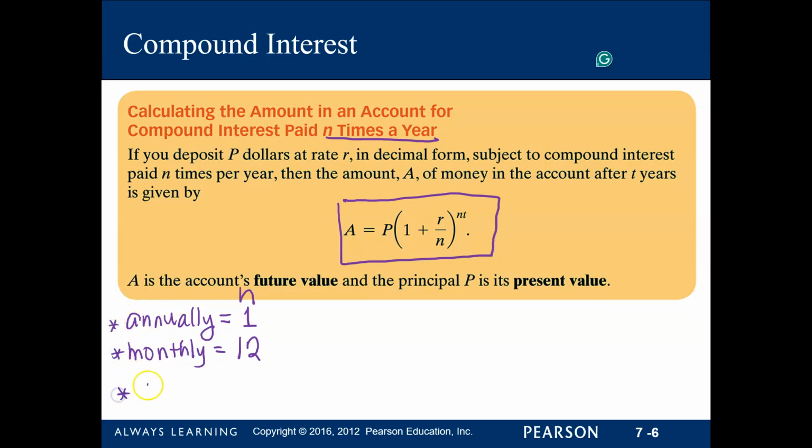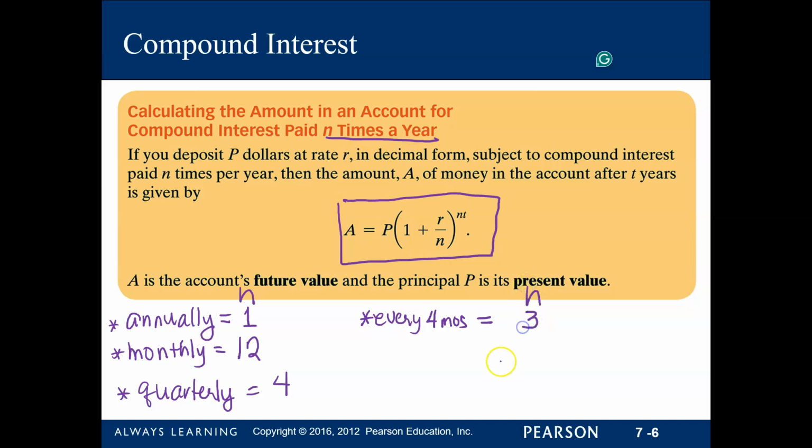If it says compounded quarterly, how many times in a year? That's quarter, so 4. So 4 times in a year, okay? Let's say it says compounded every 4 months. How many 4 months are there in a year?